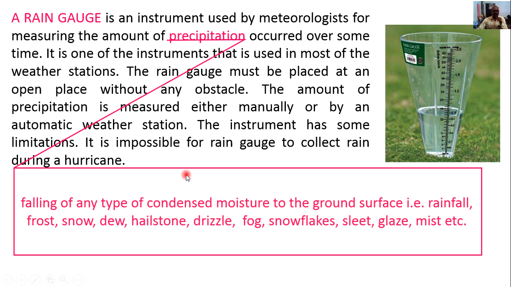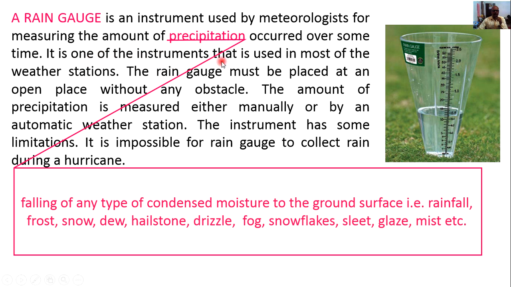What is the meaning of precipitation? Falling of any type of condensed moisture to the ground surface. For example, rainfall, frost, snow, dew, hailstone, drizzle, fog, snowflakes, sleet, glaze, mist, etc. These are examples of precipitation.